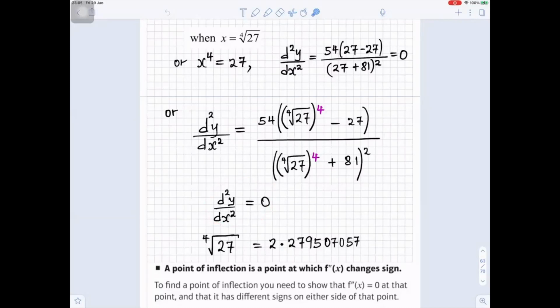You need to check a number which is smaller than 2.279 and a number which is bigger, like 1 and 3, to see if there's a change of sign from positive to negative.